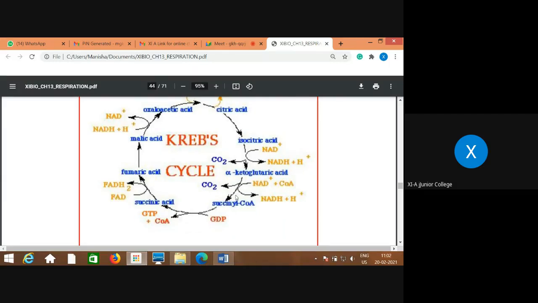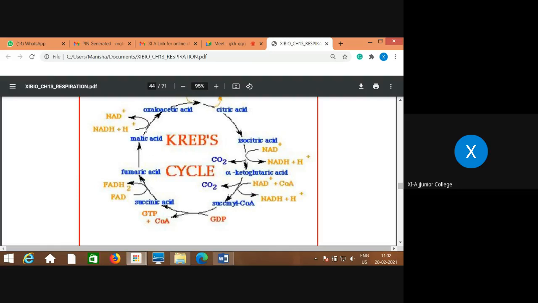Now one more thing takes place here, where this coenzyme A which was added is released, and this succinic acid gets converted into fumaric acid with the dehydrogenation reaction, where FAD gets reduced to FADH2. Then fumaric acid gets converted into malic acid with the addition of water.